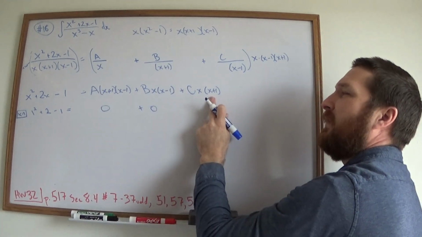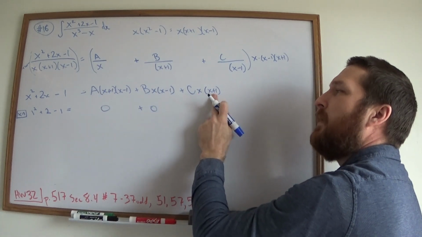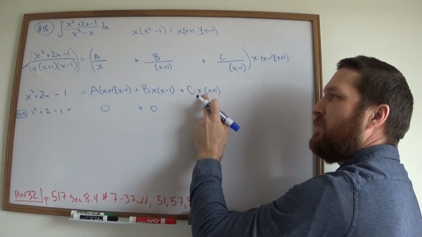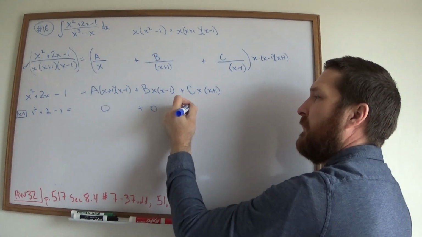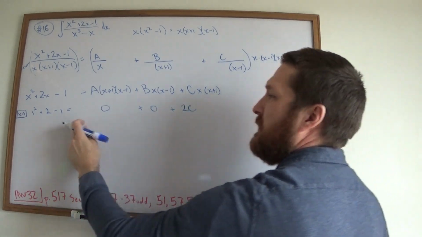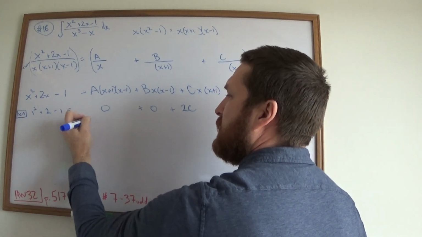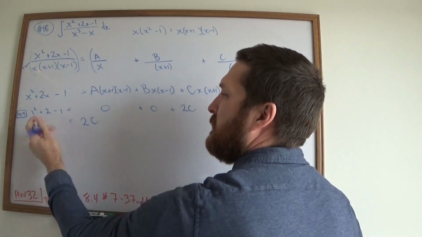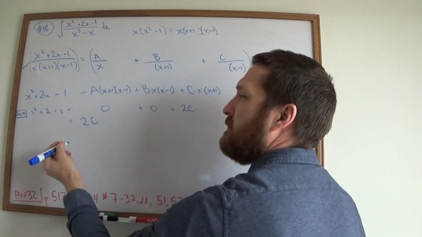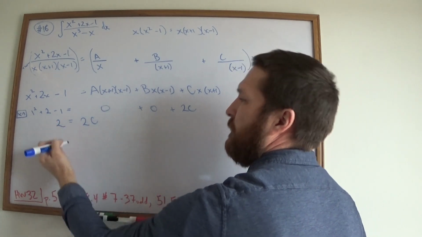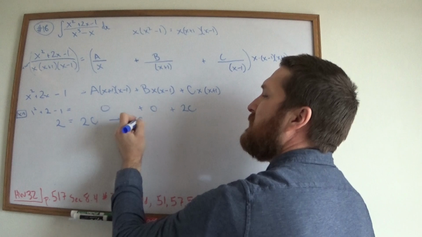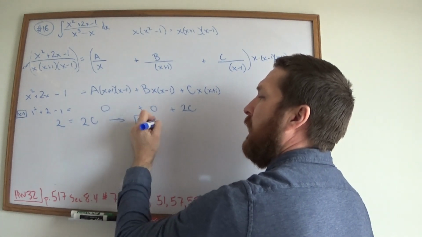What happens when I plug a 1 into there? 1 plus 1 is 2, times 1, so that's 2c. So we get that 2c is equal to 2. That gives me that c is equal to 1.